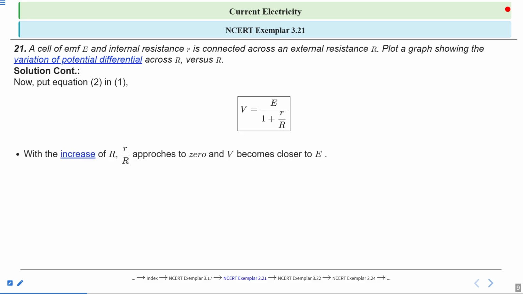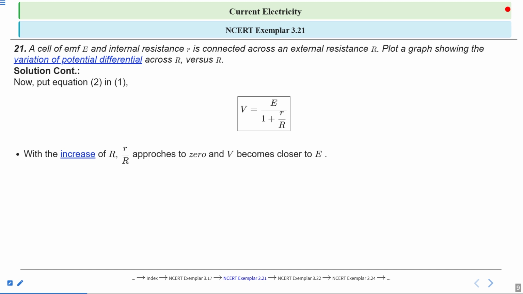Now if we increase capital R in this equation, the value of small r upon capital R approaches 0, because as we increase capital R the denominator increases while the numerator is constant.